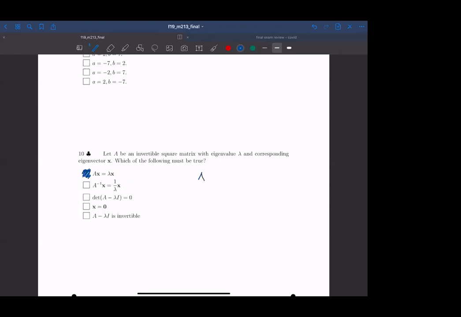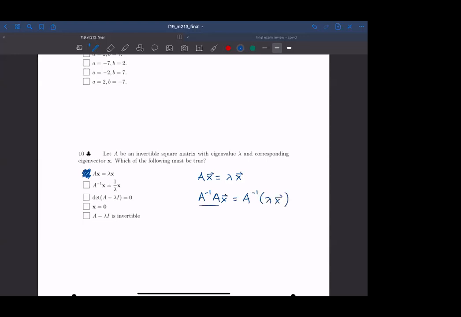Yeah. And the reason it's true is because you can just kind of take the first equation we see here, this first option. Because our matrix is invertible, we can multiply both sides of this equation by A inverse. And we're going to get A inverse times Ax equals A inverse times lambda x.